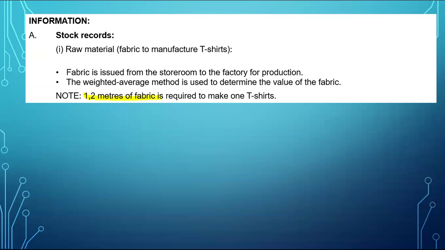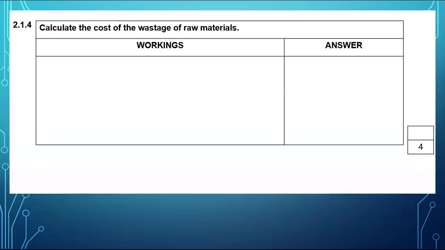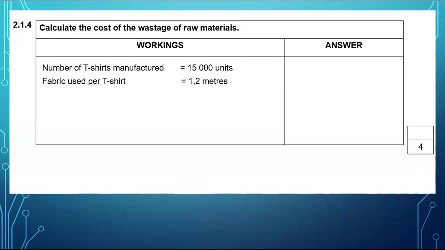If I'm making 2 t-shirts, I will multiply them by 1.2 to determine the number of meters of fabric used for those 2 t-shirts. Similarly, to determine how much fabric was used to manufacture 15,000 t-shirts, I am going to take that 15,000 and multiply it by that 1.2, which will give me 18,000 meters of fabric that was used.